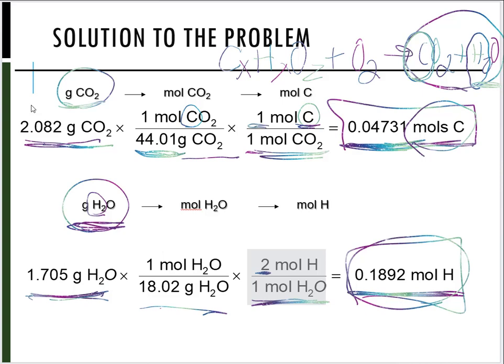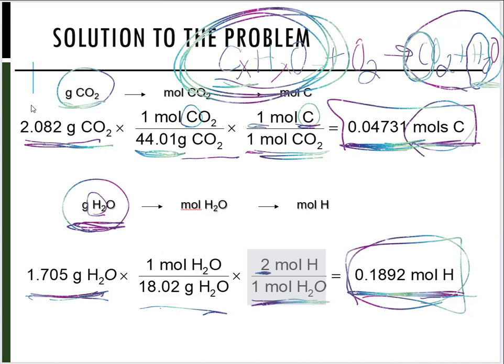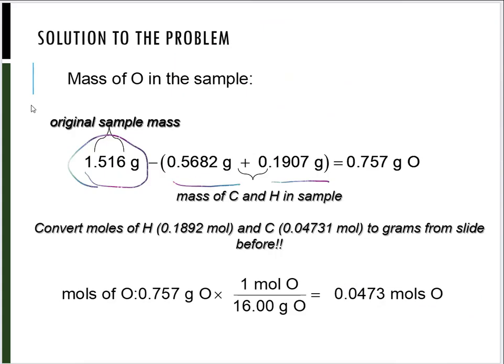Because if I know the grams of the C and the grams of the H, then I can find the grams of the O in this original compound by subtracting from the original mass of the sample. So we converted moles of H to grams of H and moles of C to grams of C. That's where these two numbers came from.